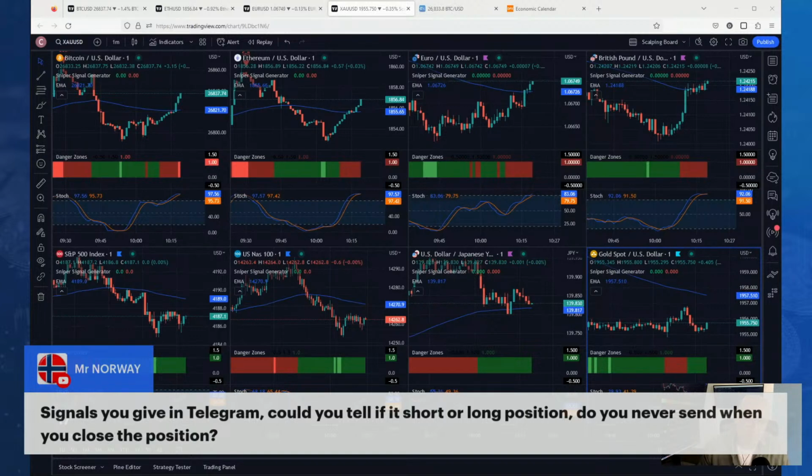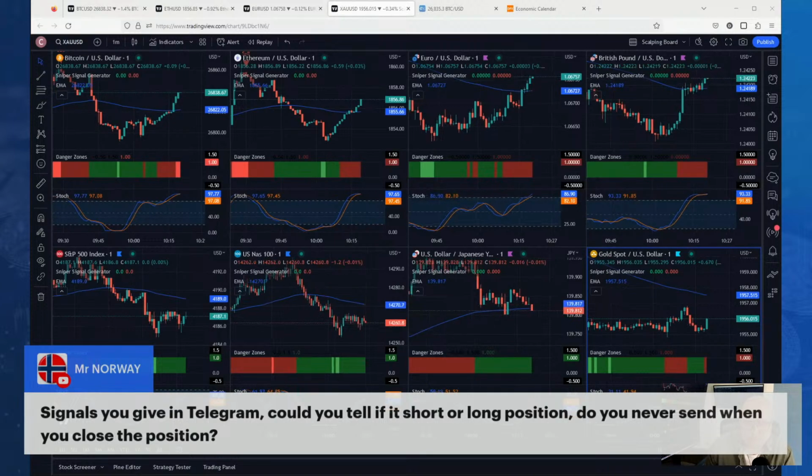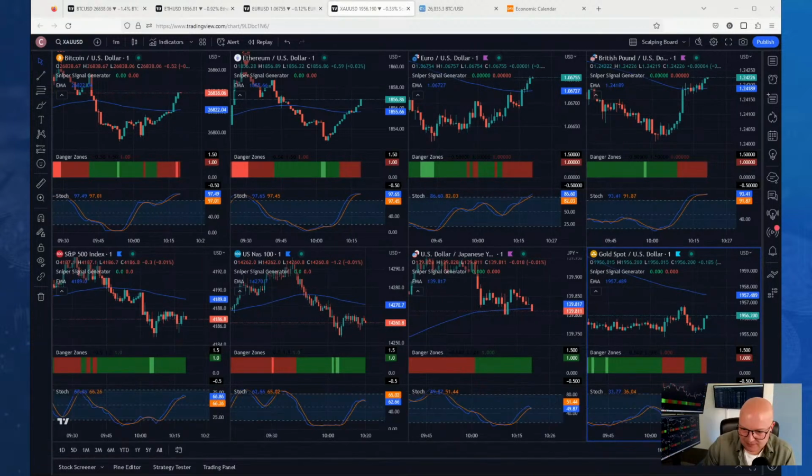I monitor those insights also for myself to get a general overview, and I'm going to make this available in the future to give you help. But always do your own analysis. This is really just meant, that's why we call it insights and not alerts or signals, to point your head into a direction where there is currently action going on in the chart.